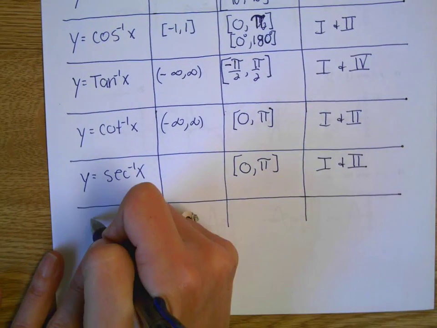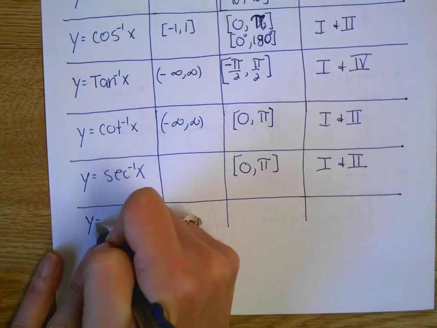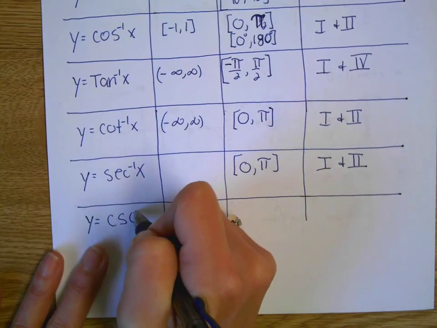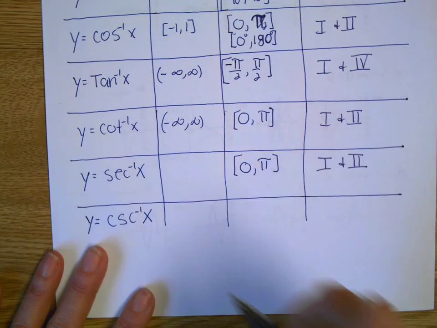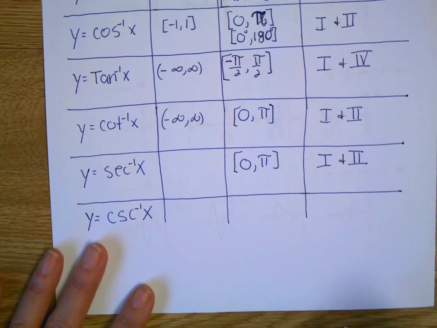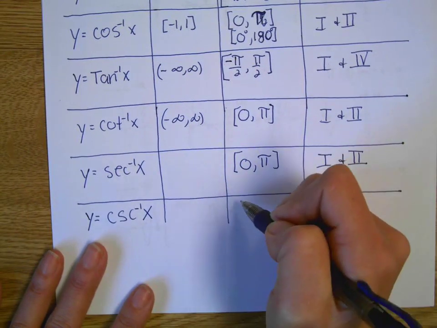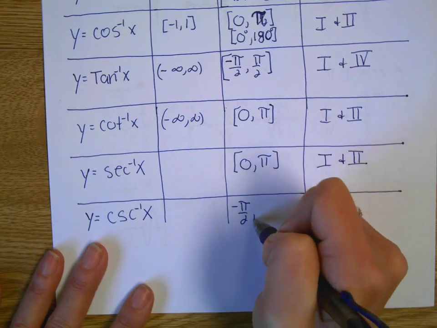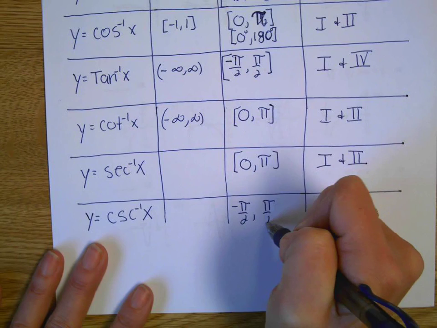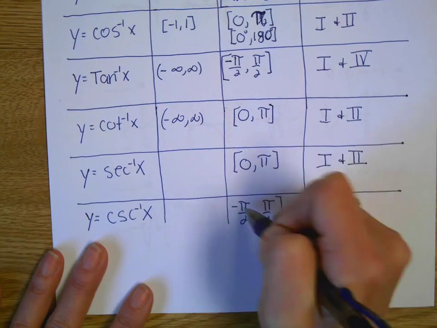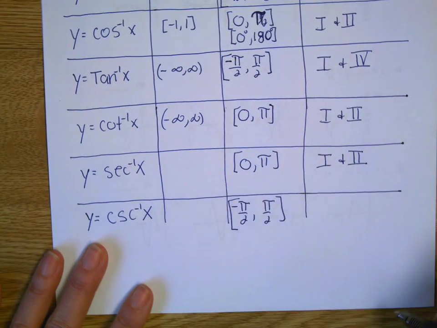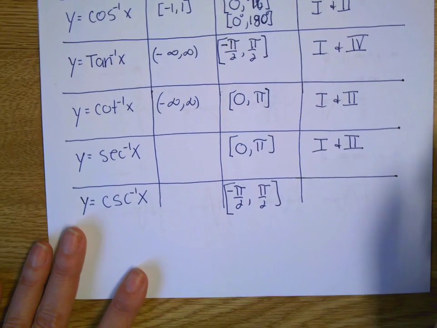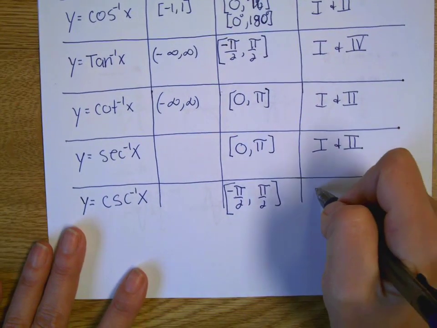And our last one, inverse cosecant. It's going to go negative pi over 2 to pi over 2, which means we're going to be looking in quadrants 1 and 4.